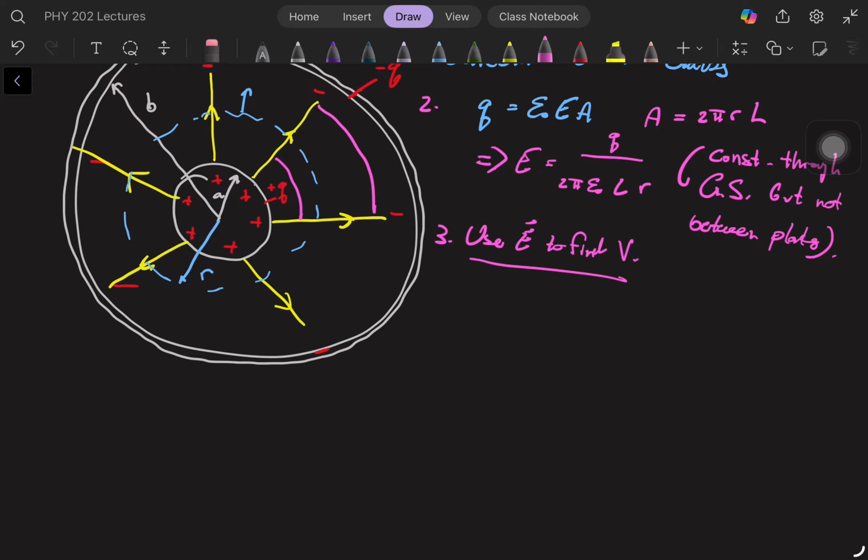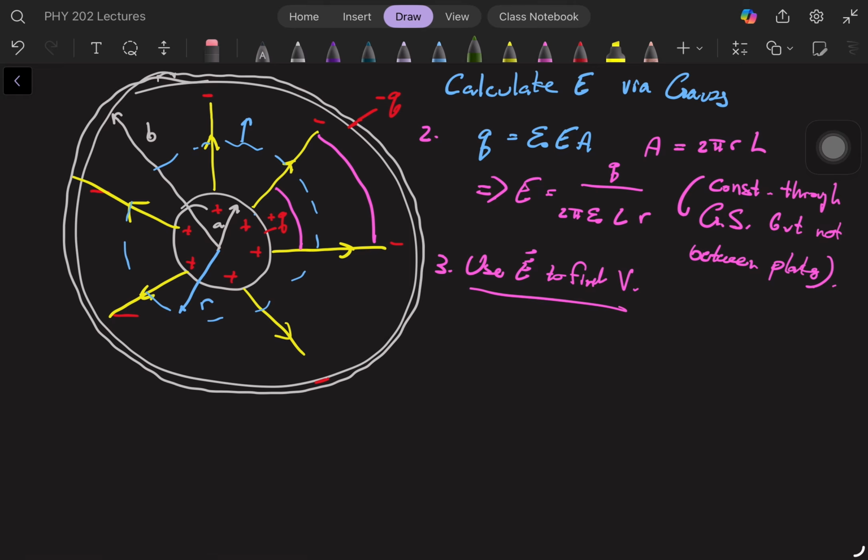And so let's go ahead and figure out what our path of integration is going to be. So I think, again, we're going to start on the negative plate, go to the positive. Well, we'll go ahead and do that so that we're aligned with the field vector. And so we're going to integrate this way. And so we get V is the integral from negative to positive E ds.